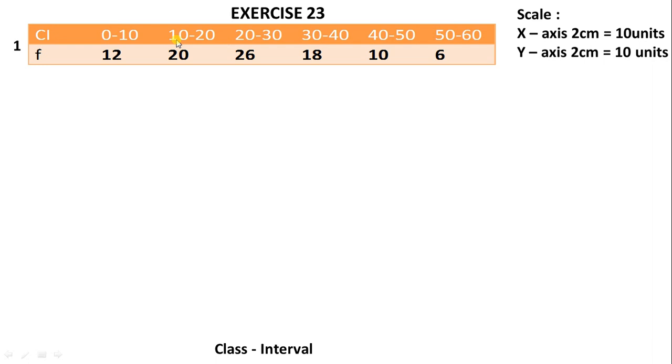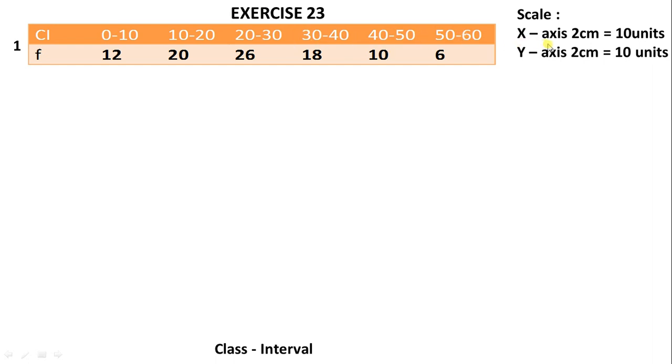In the second step, we have to do the marking for the x-axis and y-axis. The scale has to be defined. Consider the size of the class interval, that is 10 minus 0, 10, 20 minus 10, 10, 30 minus 20, 10, and so on.